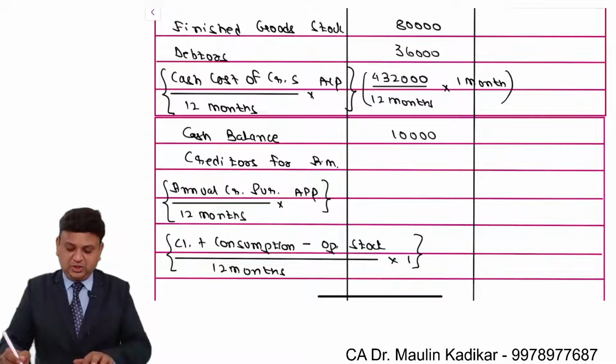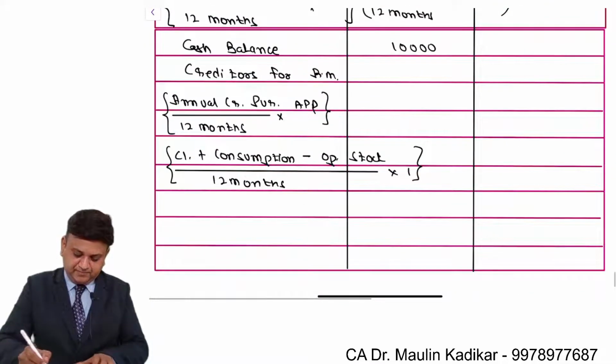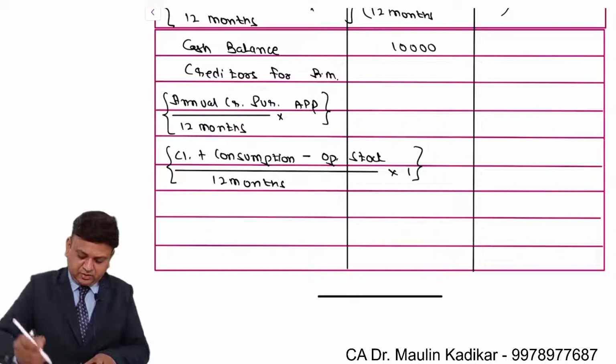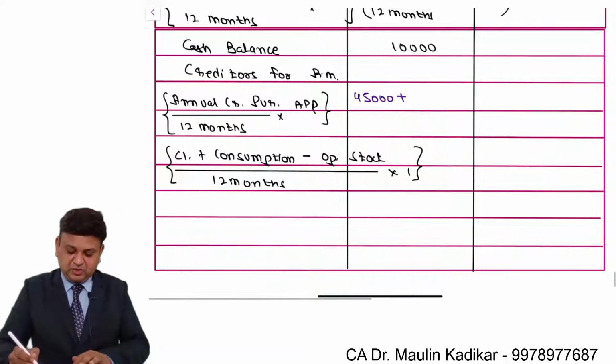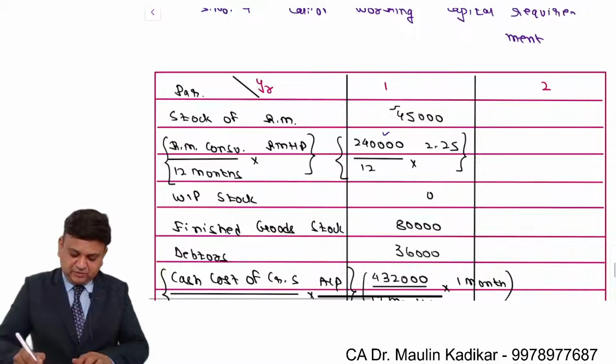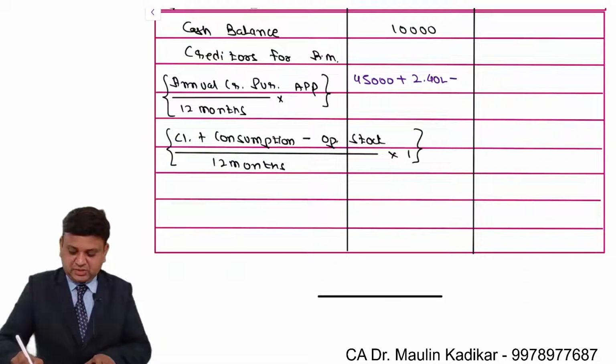Now what is the closing raw material stock at the end of the first year? It is 45,000, so I am writing over here 45,000, plus consumption of the raw material, an amount of 2,40,000, minus opening stock, which is 0.